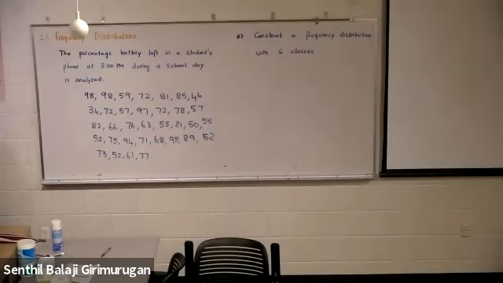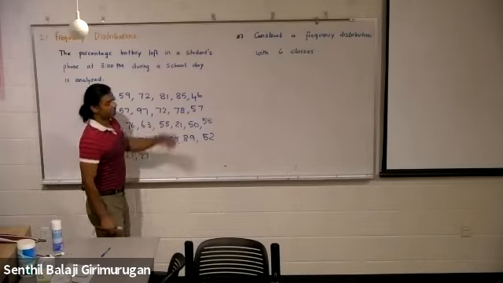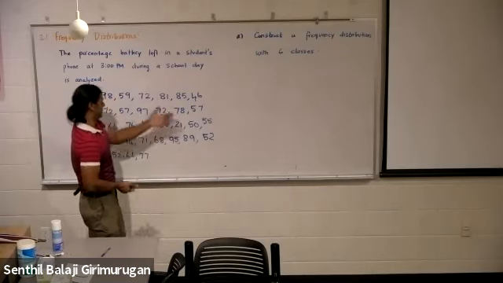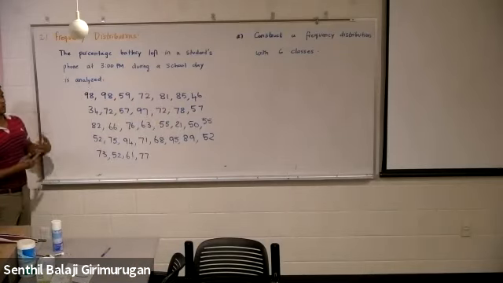So our objective is to construct a frequency distribution with 6 classes. In other words, we're going to have 6 levels. There is a process to construct this, so that's what I'm going to go over.